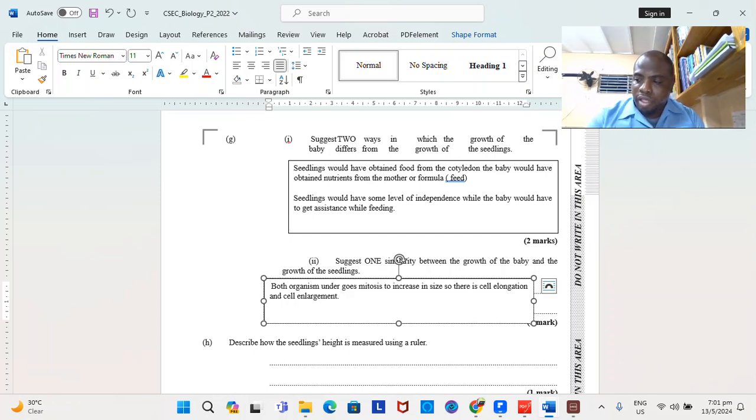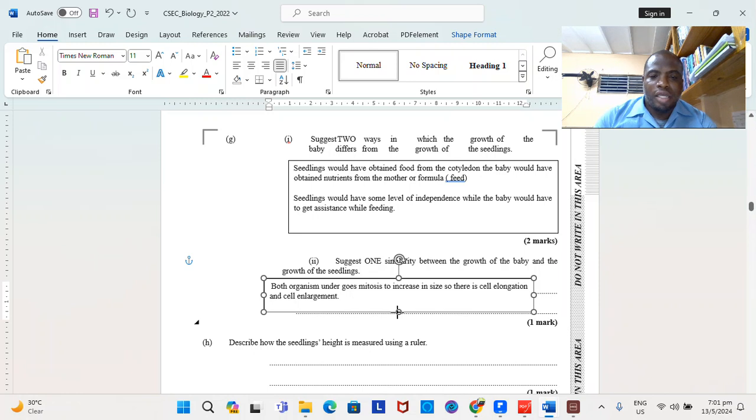So when you think about the plants, the enlargement, and when you think about the baby, we talk about the elongation of the cells, and both of them will allow for an increase in the size of the organism.